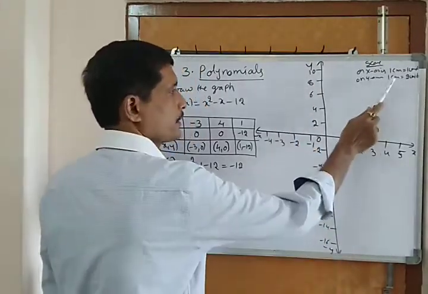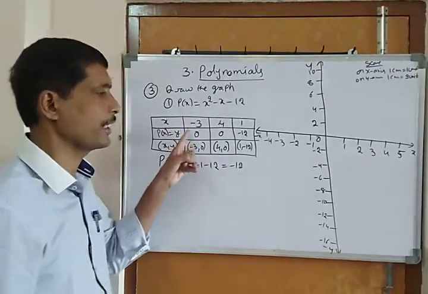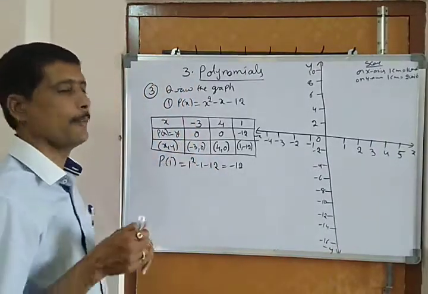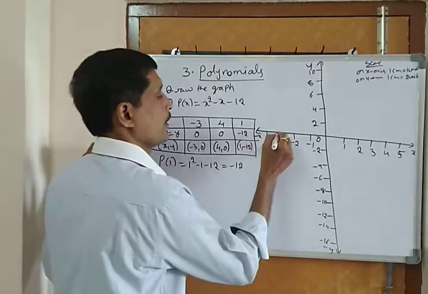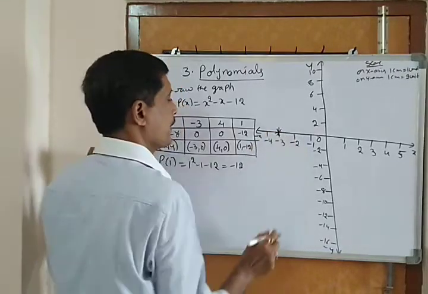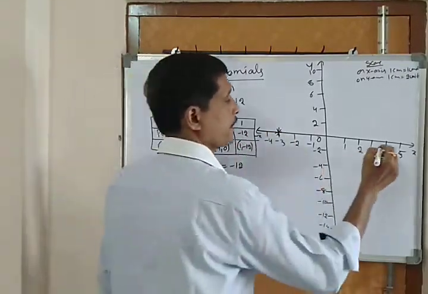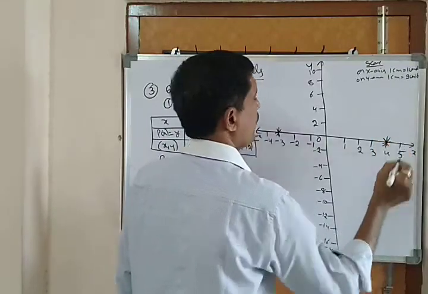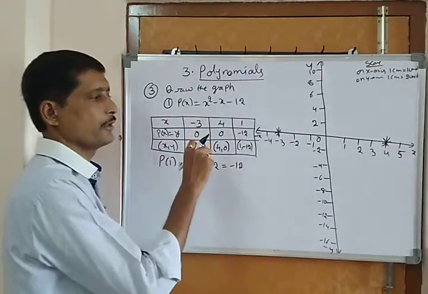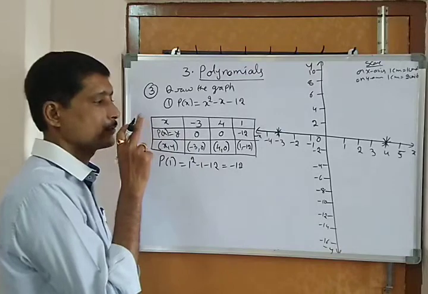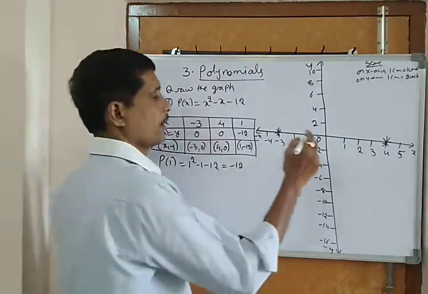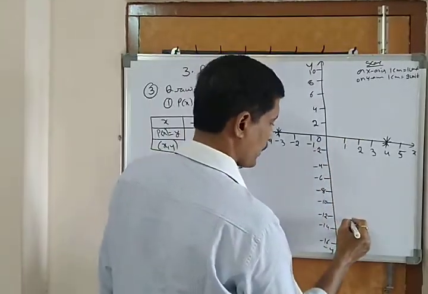Here the first point is minus 3 comma 0. Minus 3 means on the x axis, therefore here is the point. Next one is 4 and 0. Next one is 1, that is minus 12.